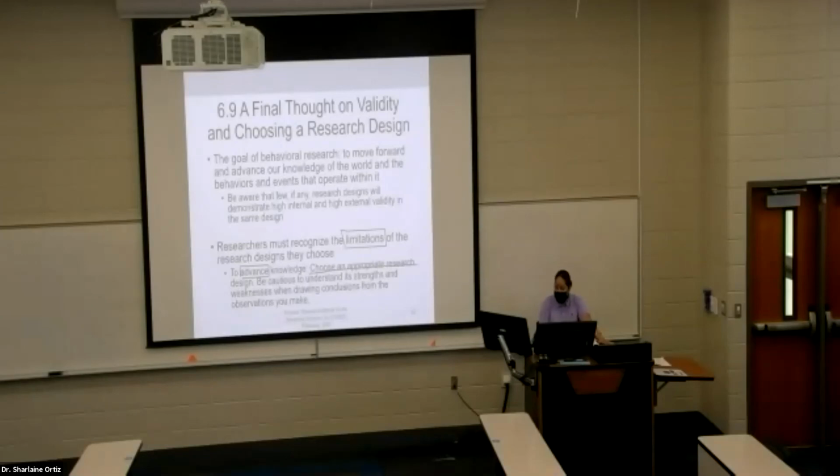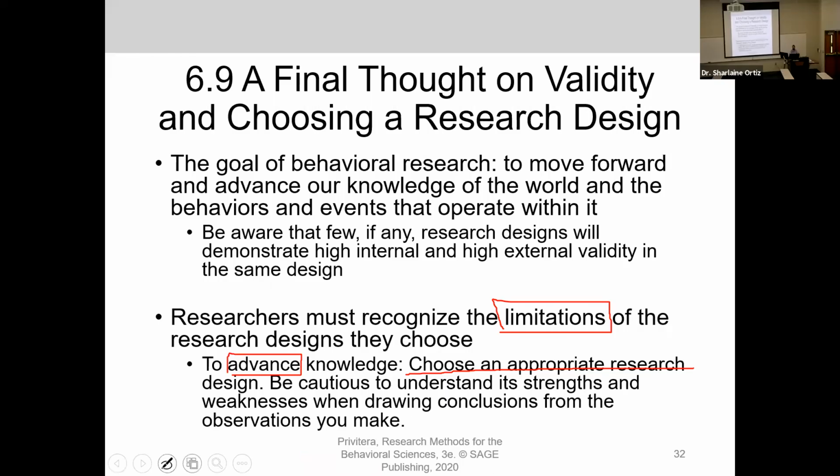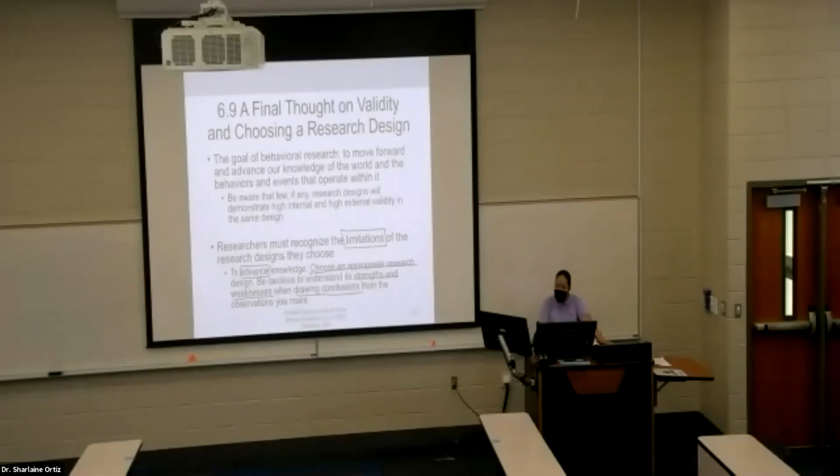You need to be aware of what the limitations are for each research design that we have covered in our previous lectures. Correlations, experiments, quantitative, qualitative research. You need to understand both its strengths and weaknesses when drawing conclusions. You don't want to make the mistake, say, for example, in a correlation, of not understanding that the limitation of a correlation is we can't establish cause.